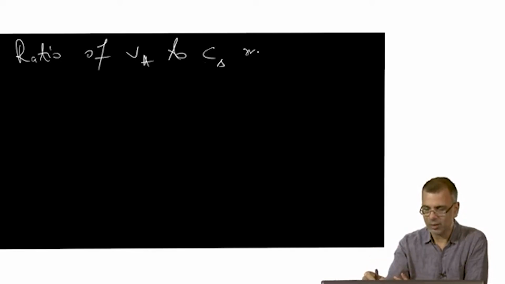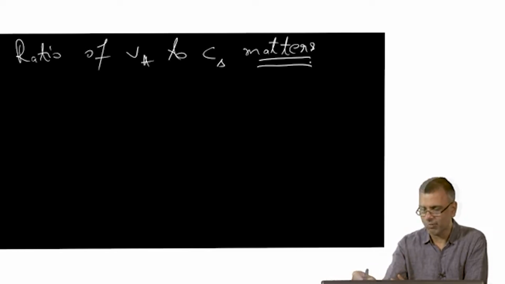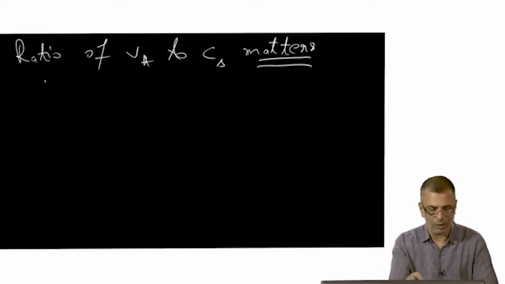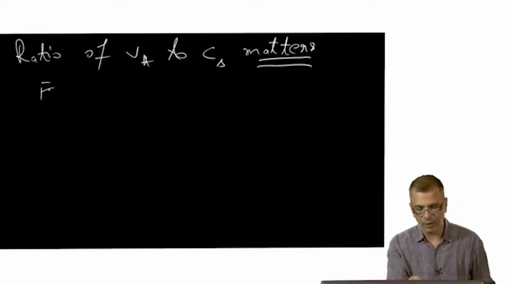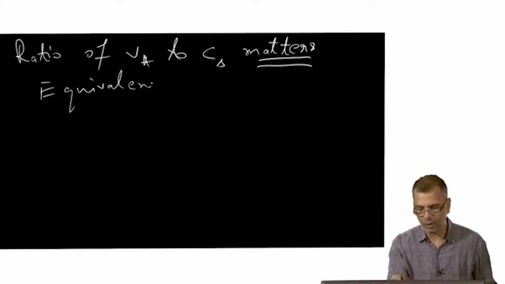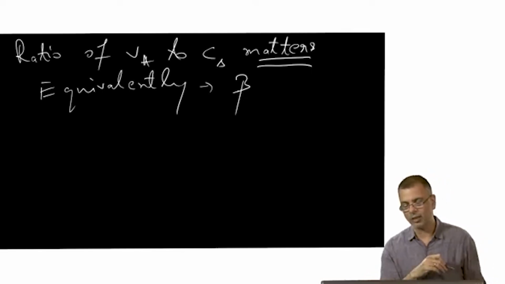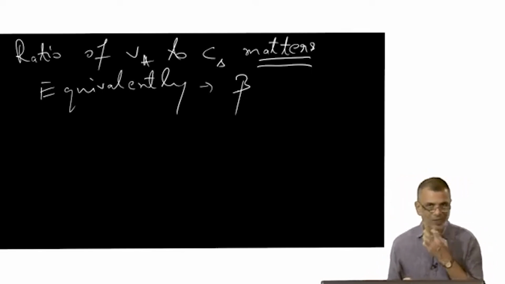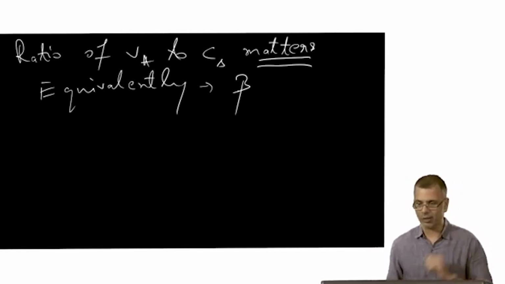This matters greatly. Equivalently, the ratio of VA to CS, and you can also write it in terms of the plasma beta. I leave you to figure out how.